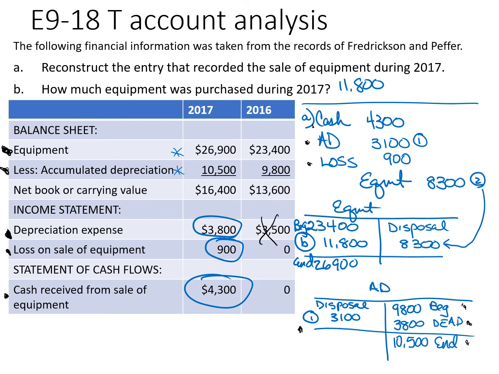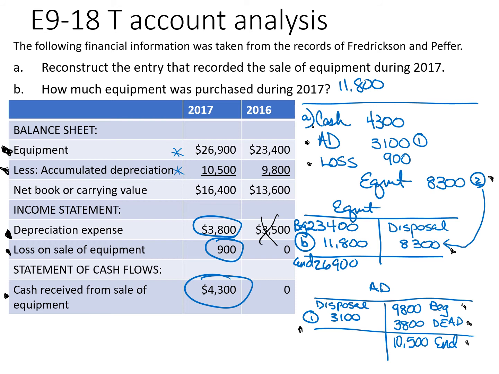And so that's where number 2 came from. And then we can put that into the equipment account on the credit side, because that's what made the equipment account decrease. So with that information, we can back into how much you spent on new equipment this year. In order to get that equipment account to reconcile its beginning and ending balance, I can see that I acquired $11,800 of equipment that year.